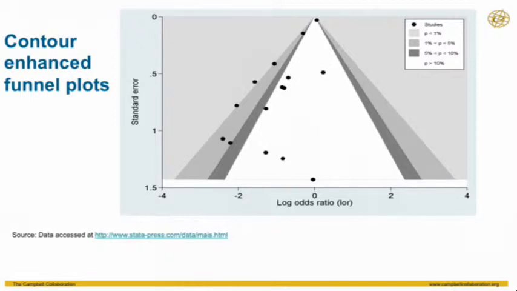It looks like you might be missing some studies in the area of non-significance in the white area, but you also might be missing some in the areas of statistical significance as well, okay? So this is an example where perhaps the asymmetry that you see could be due to factors other than publication bias, because you're missing studies in areas of significance as well as non-significance. We don't see these as much, but I think they can be useful. And if you do see that you've got some asymmetry in your funnel plot, it might be useful to use one of these.